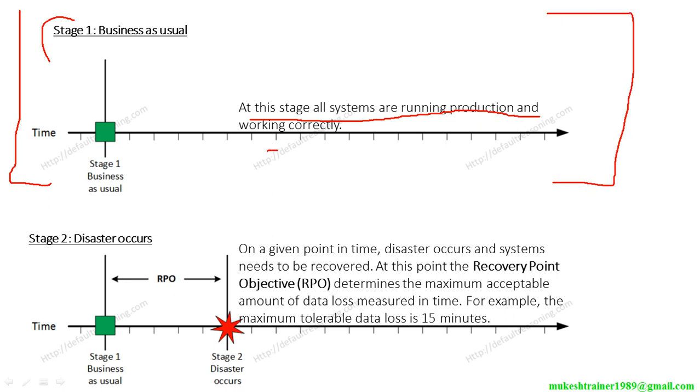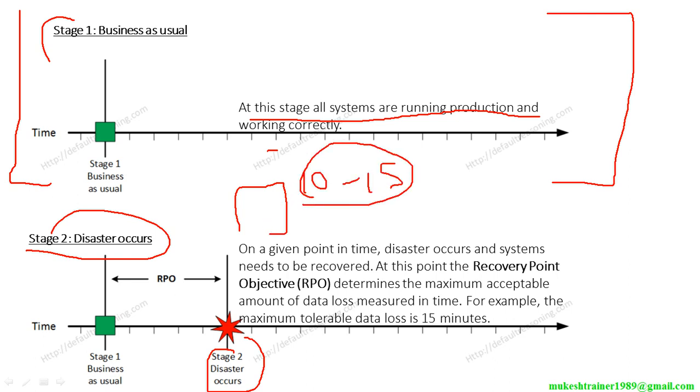Your machines, computers and servers are running, everything is working fine. But if a disaster occurs, you put a time frame, say 10 or 15 minutes, and everything goes back to normal. Then your machines will be running fine and your users will be accessing it.